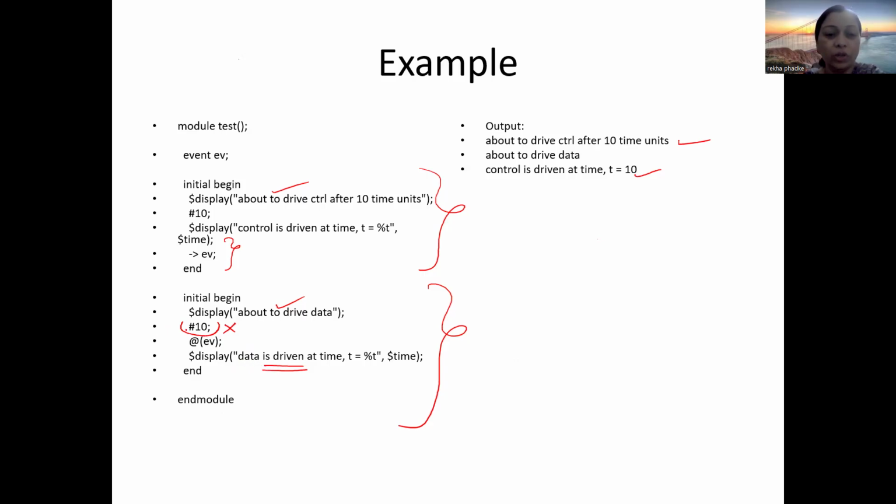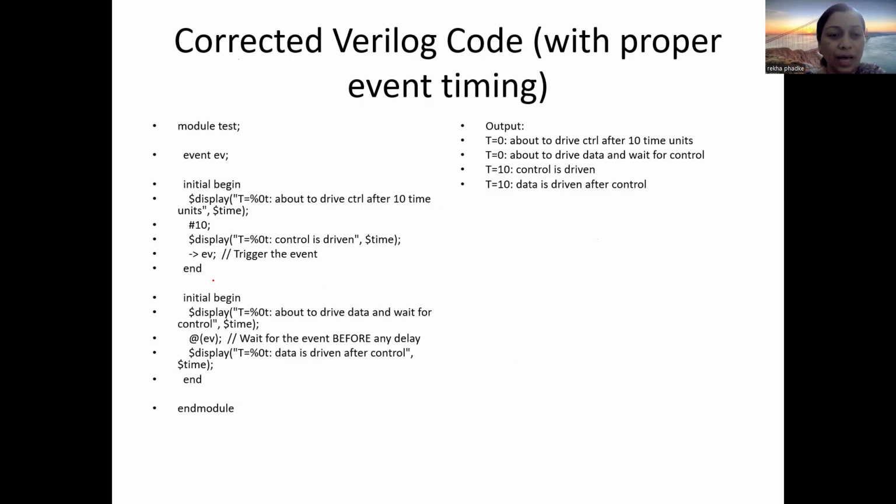Okay. If you had not included this, then of course it would have recognized it. So either you have to remove hash 10 so that this acknowledges the trigger and displays the statement. Here I have removed it. Hash 10 is not there.